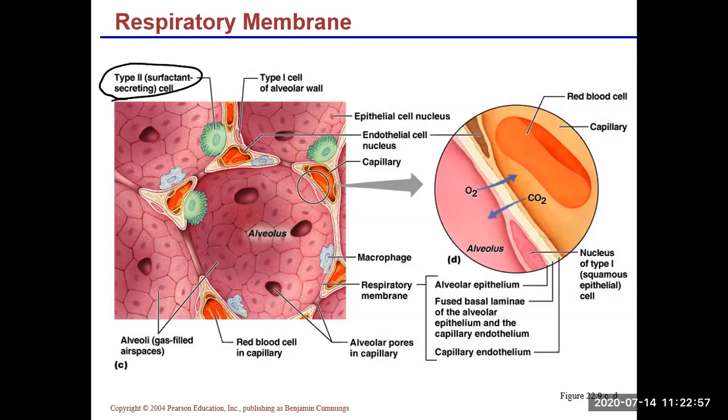Children that are born without this surfactant, or without much surfactant being produced by these cells, their lungs will collapse, and they have to be very careful to administer oxygen, because very soon the baby is going to suffocate and die if the lung is not working. All right.